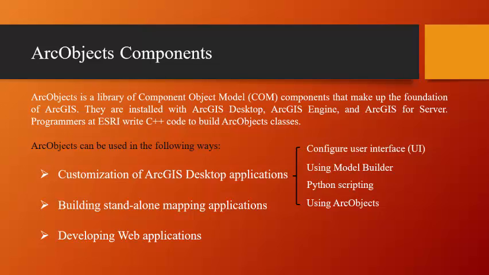But sometimes we need more flexibility and you have to use Python scripting. And using ArcObjects is one of the ways for customizing ArcGIS, and also it's one of the ways for GIS automation. So in this course, we focus on customization of ArcGIS by using ArcObjects.